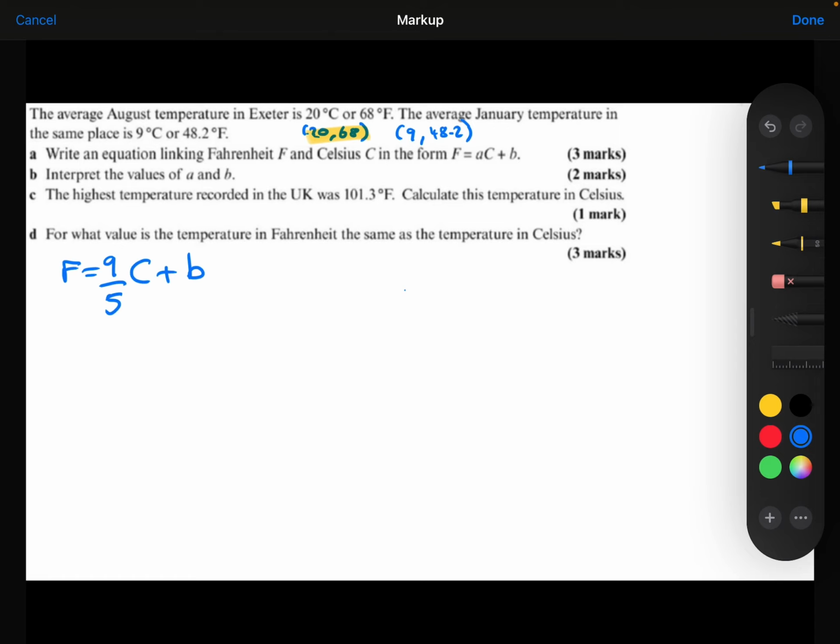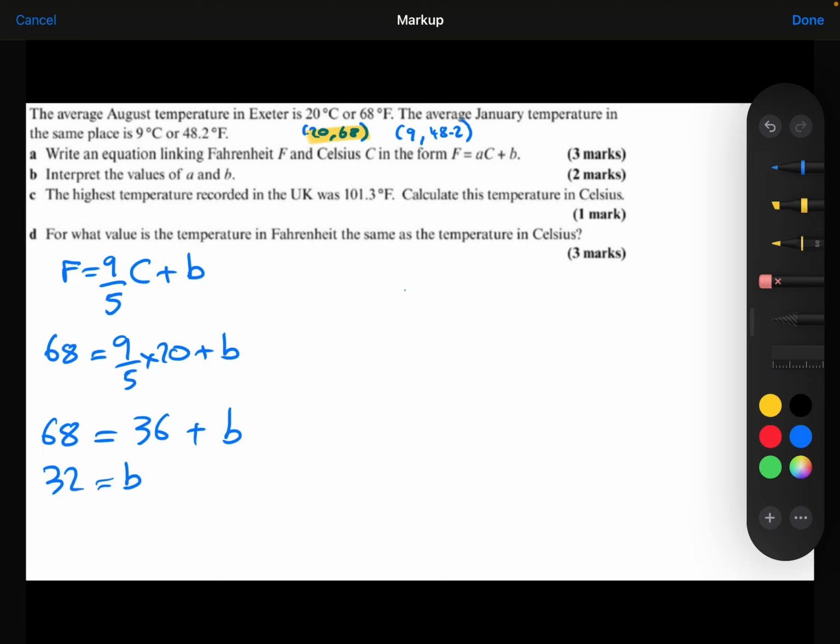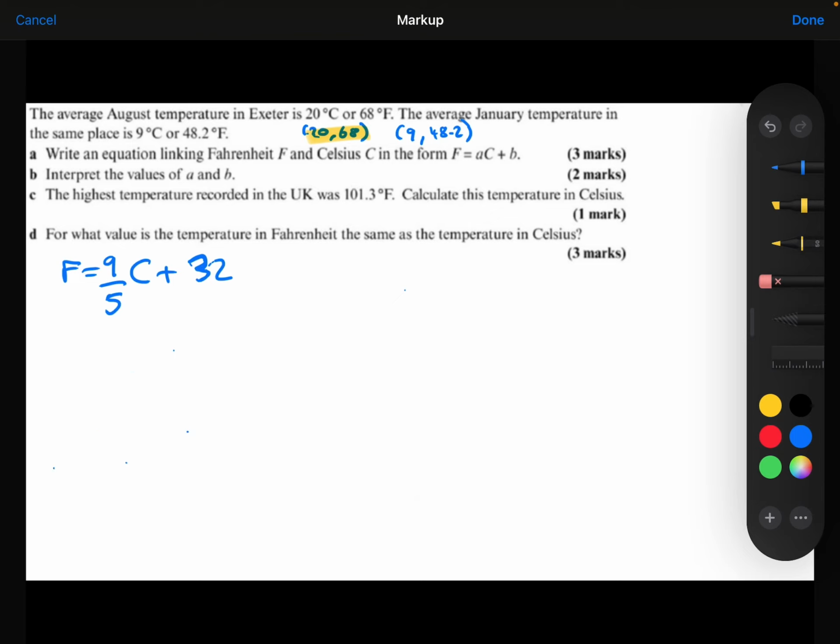So I can say that 68 is equal to 9 over 5 times 20 plus B, and I find that B is 32. So this is my equation that's linking the temperature in Fahrenheit to the temperature in degrees Celsius.